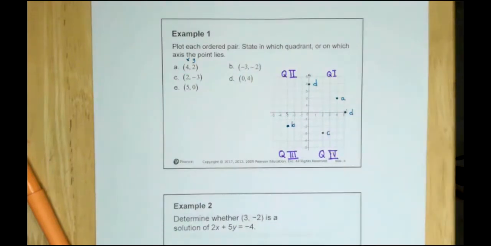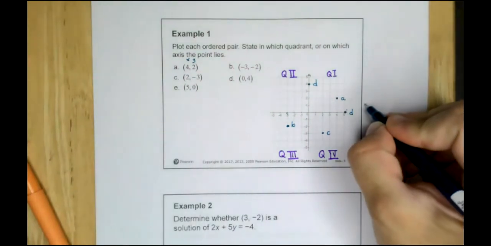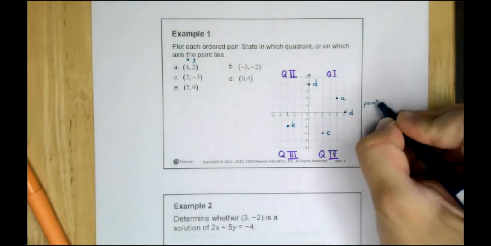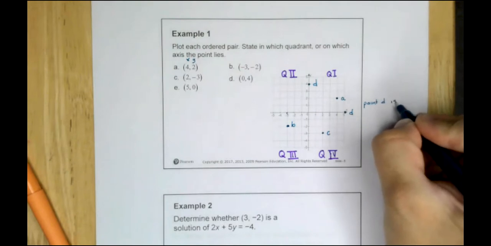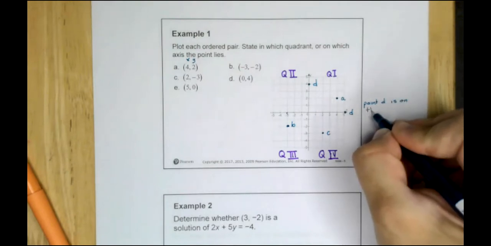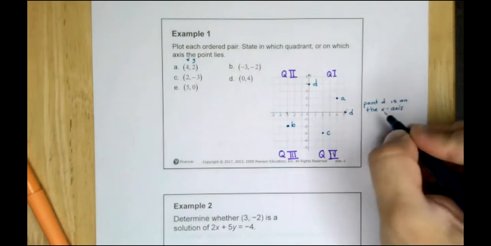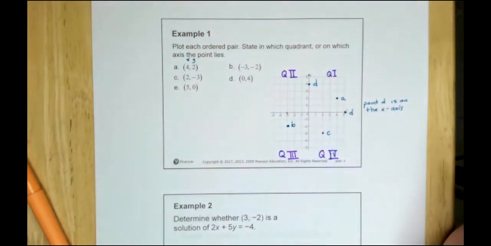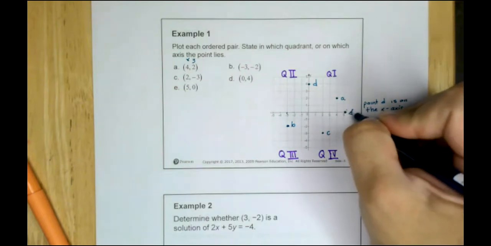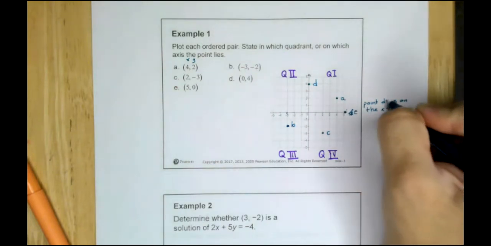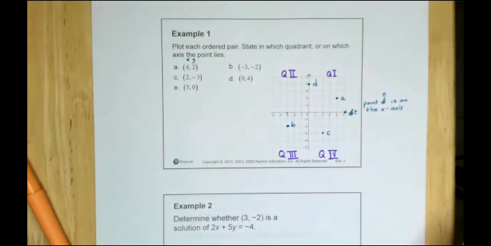So we can say point D is on the x-axis. That's what we call this number line, okay? Point, did I give you 2 Ds? It's supposed to be E. Point E is on the x-axis.